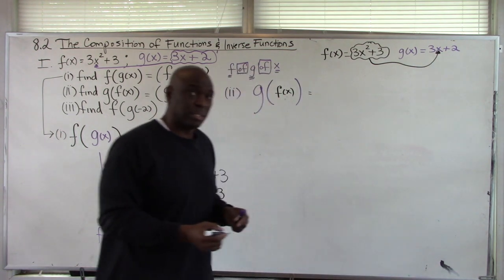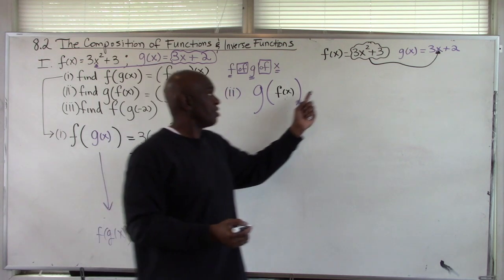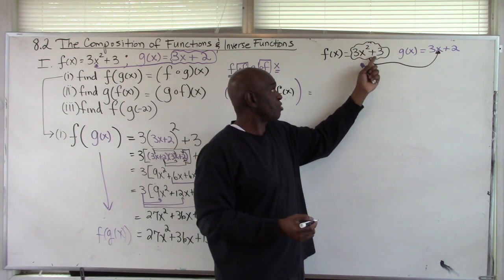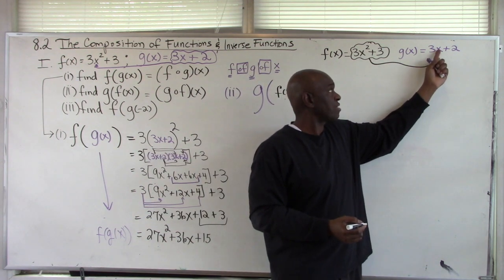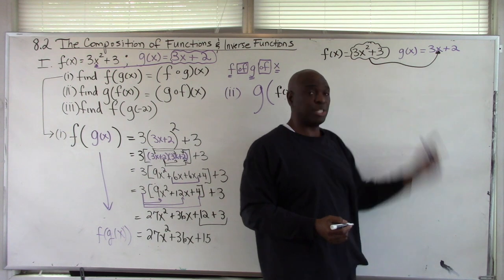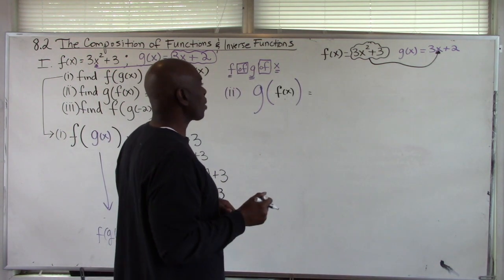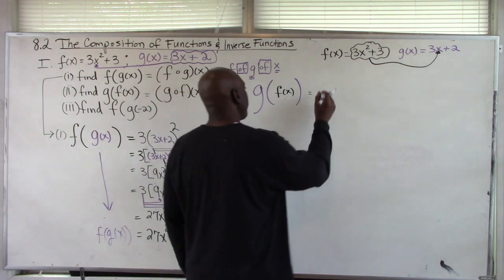That's how you do it. That's how you put f inside of g. Take this 3x squared plus 3 and put it right there for this x. This x right here is going on vacation. Bring the substitute teacher in. All right? So here we go. We're going to have g. G is going to be 3.